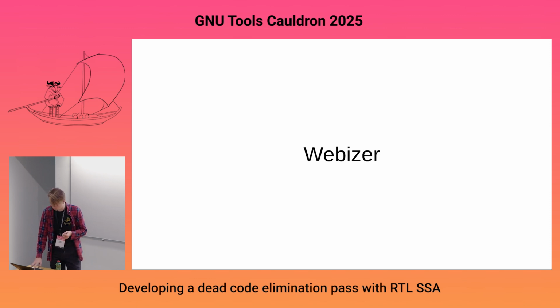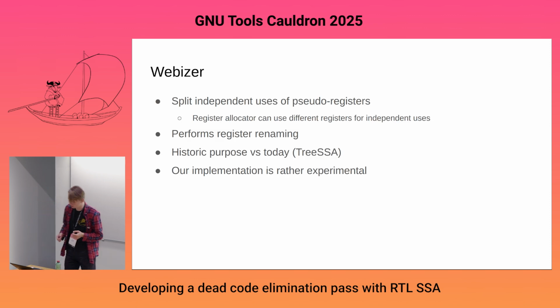Let's move to the web pass. The goal of the web pass is to split independent uses of pseudo-registers, which might help in some cases the register allocator, which can assign different registers to that variable.